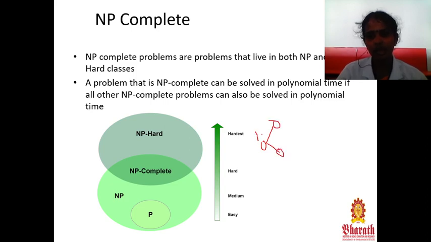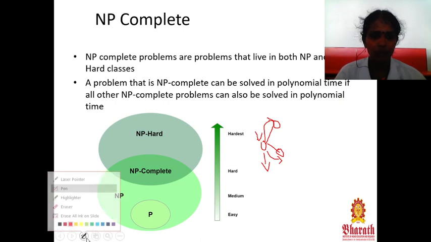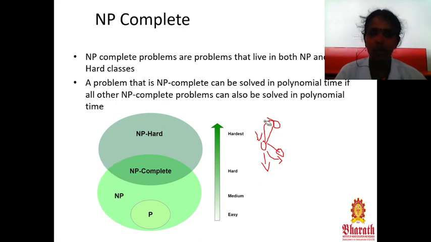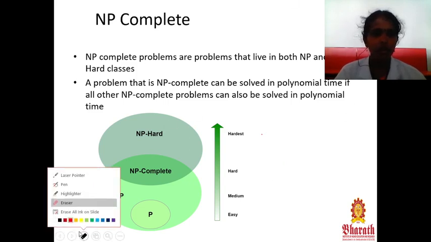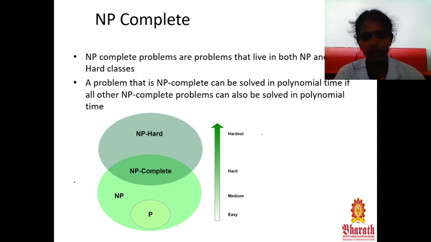At this stage, if I reach this node, I have to decide whether to go this path or this path. So here I am taking a decision. Such problems come under NP complete problems. What is the Hamiltonian problem? All the nodes should be visited exactly once and it should reach the destination.